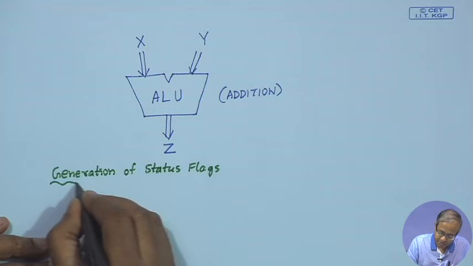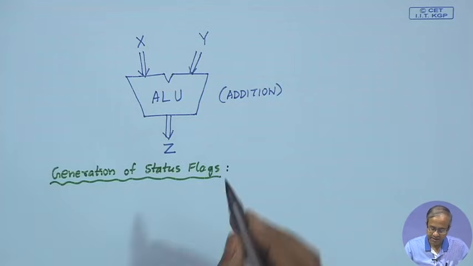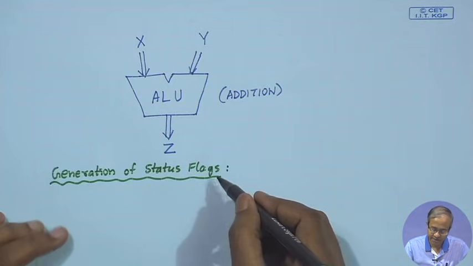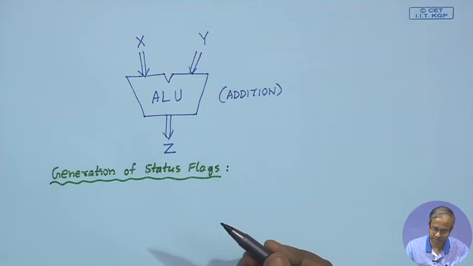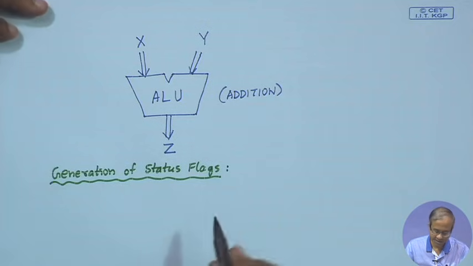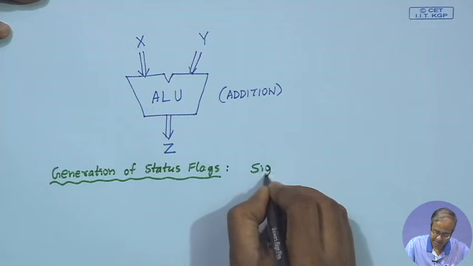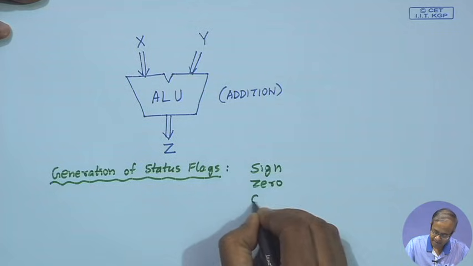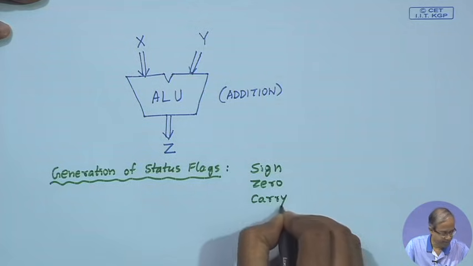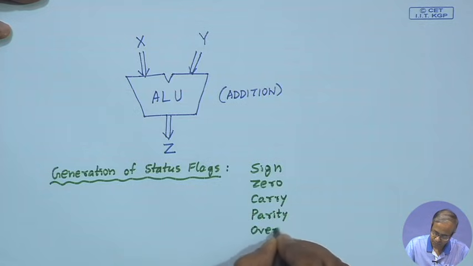In many processors, you may be aware, there are some status flags which are automatically set as a result of some arithmetic or logic operations. The status flags that we shall be looking at are sign, 0, carry, parity and overflow.